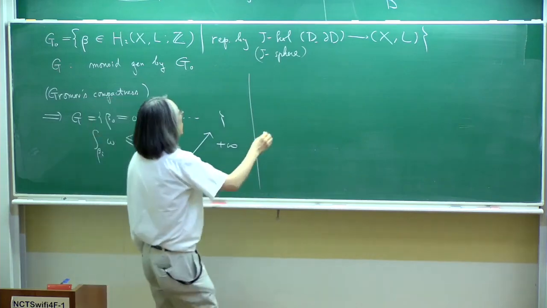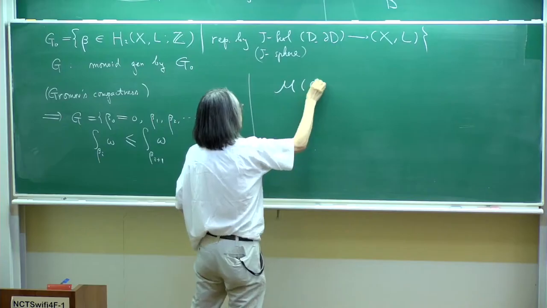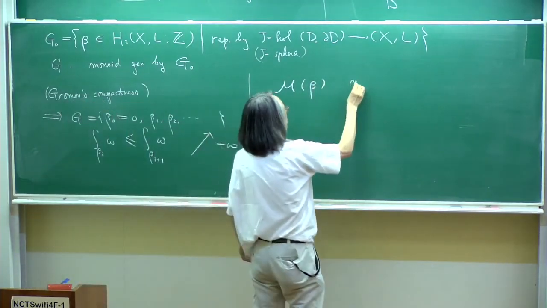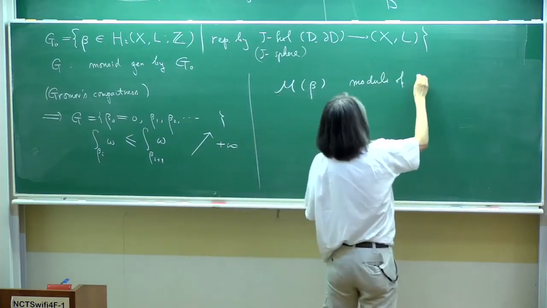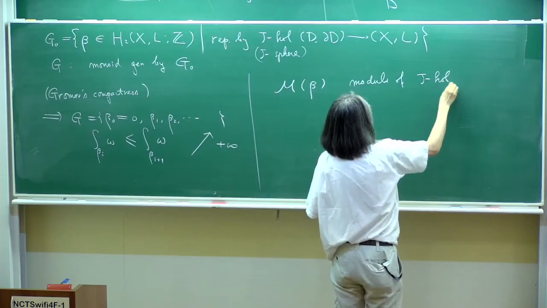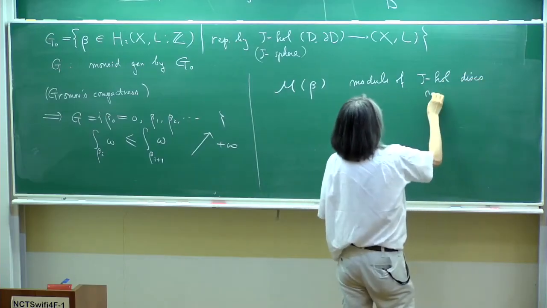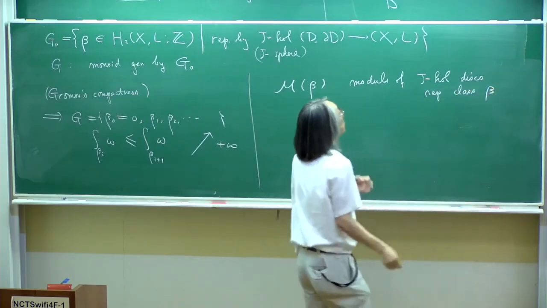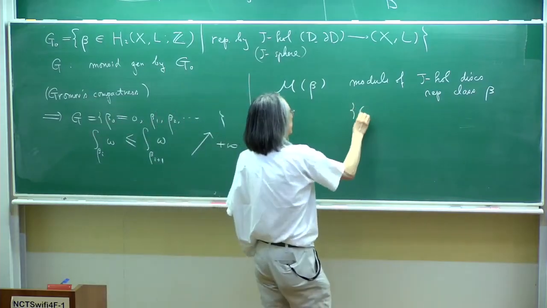And next, I consider this M beta. So M beta is a moduli of J-holomorphic disks representing class beta.